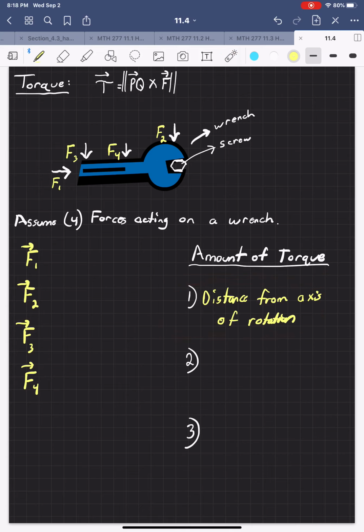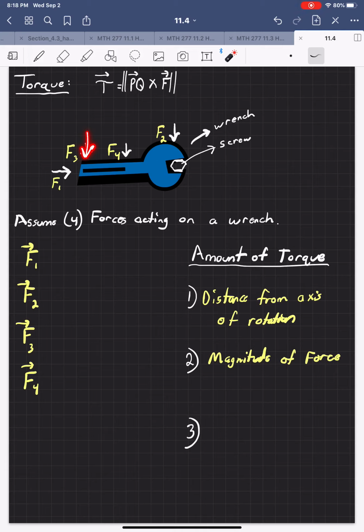The magnitude of the force is important. How much force you push or pull is going to affect torque, how much it turns.